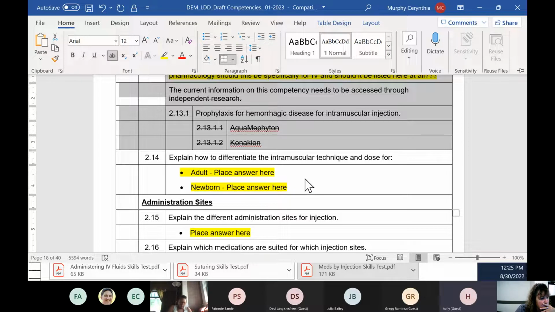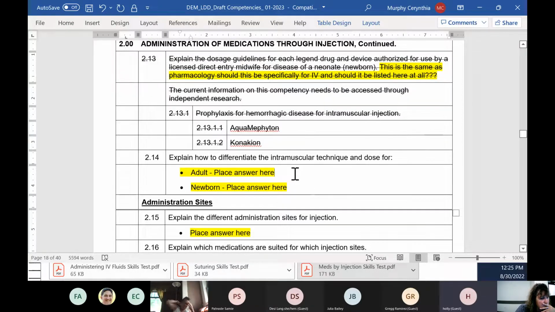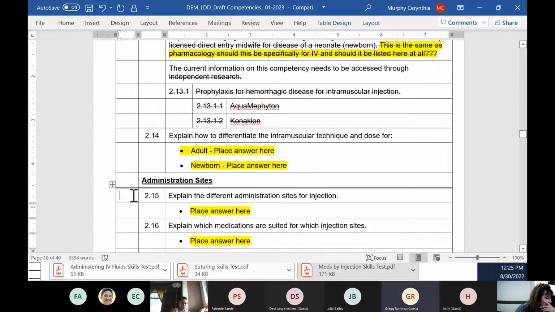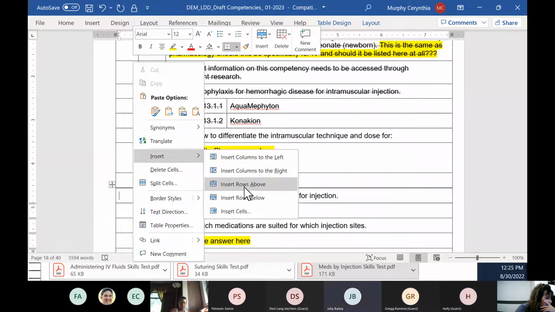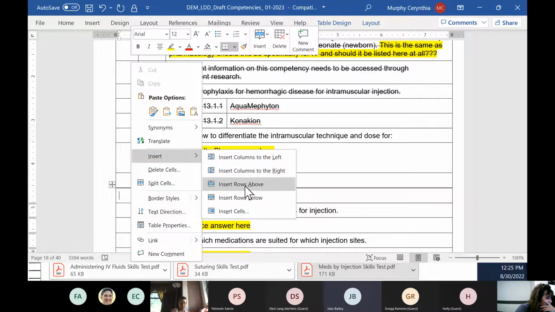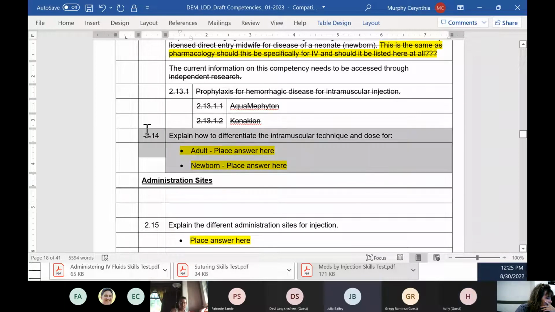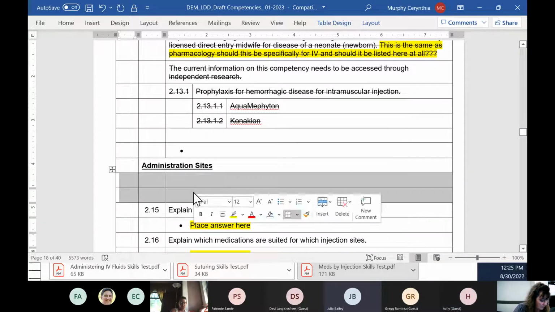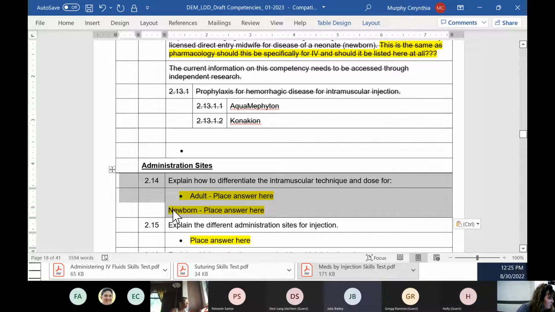Let's leave it alone for now. We'll have to renumber, but you're going to have to renumber everything anyway when you reformat. I would say that goes under administration sites, possibly. Yeah, it's more of a site thing. When I talk about it with the needle length and bore, the size of the needle that you're using for the neonate is different than the adult. I guess I talk about those things all with injections at the same time. So we talk about injection sites. So, yeah.